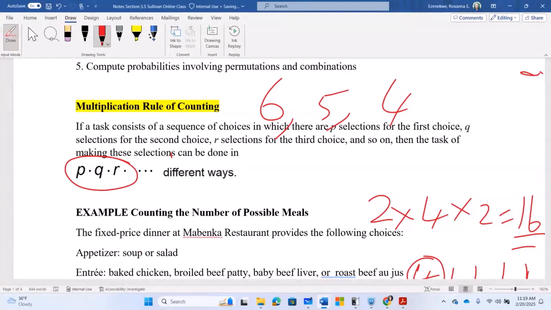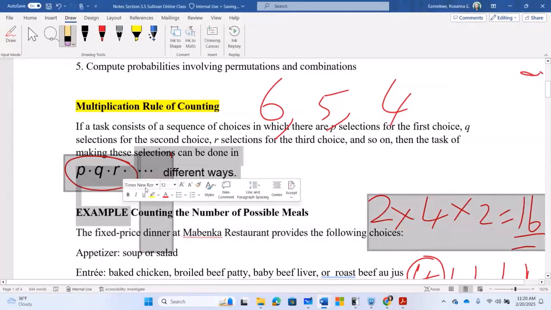It's called the multiplication rule in counting principles. You multiply the different ways: 6 times 5 times 4. Okay, so this is just an example.